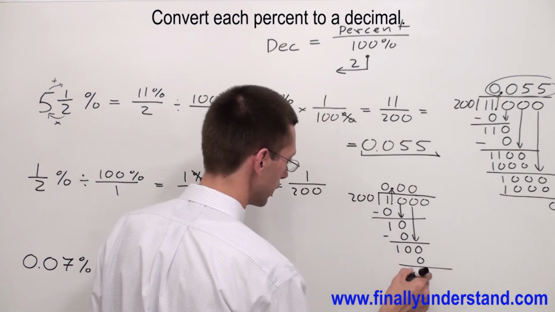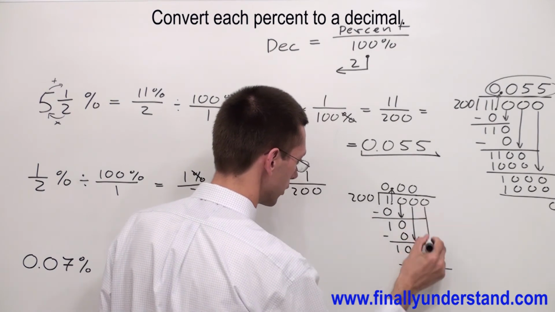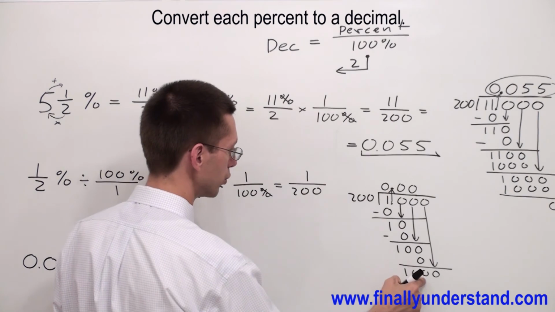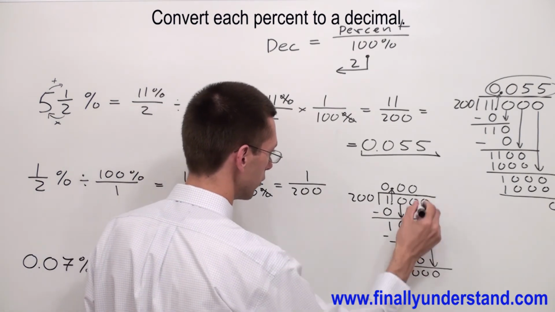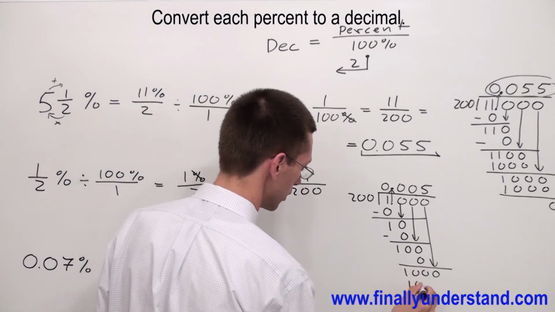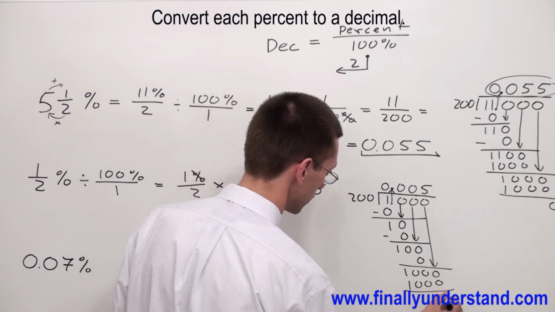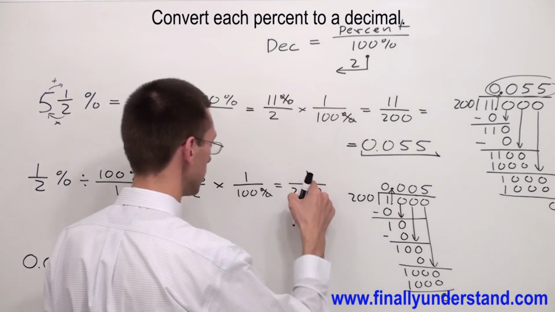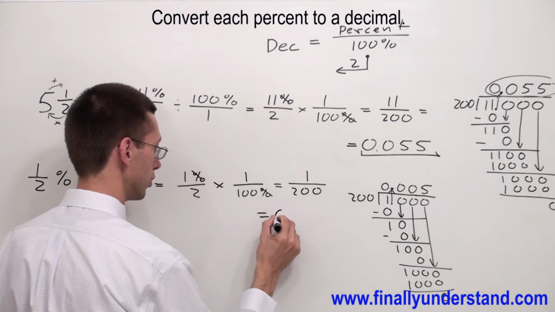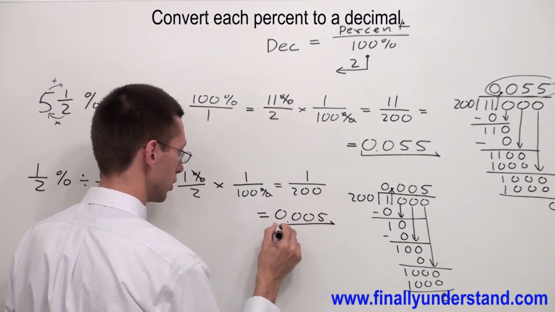Subtract. 100 minus 0 is 100. Bring down 0. How many times does 200 go into 1000? 5 times. 5 times 200 gives me 1000. Subtract, it is 0. So 1 divided by 200 is equal to 0.005. And this is the solution to this problem.